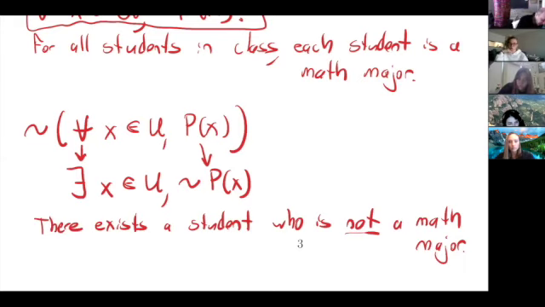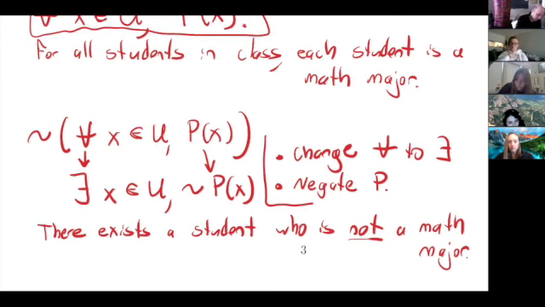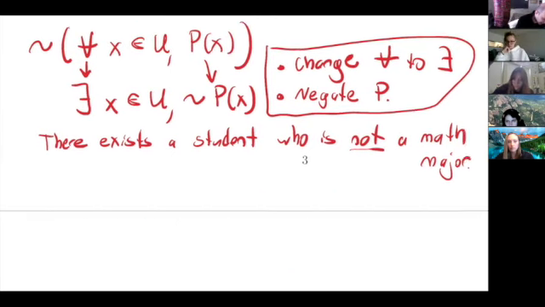So in other words, over here, we're going to make two changes. We change the for all to there exists, and then we negate P. And it's pretty similar if we want to negate a there exists sentence.